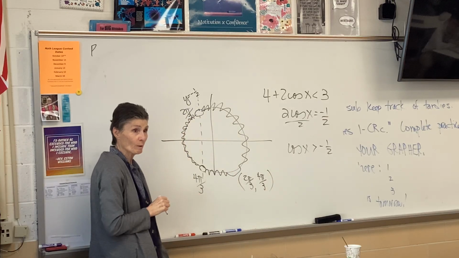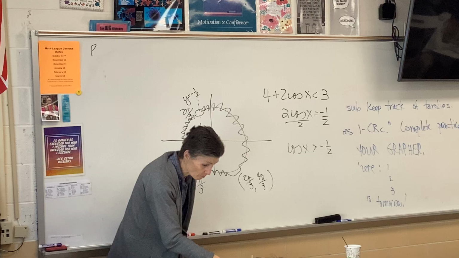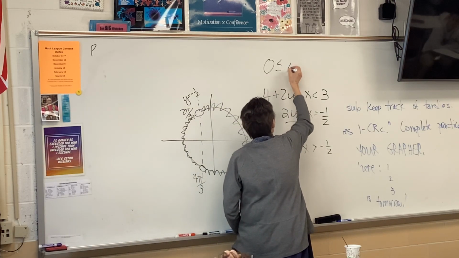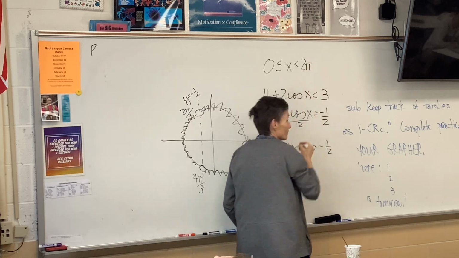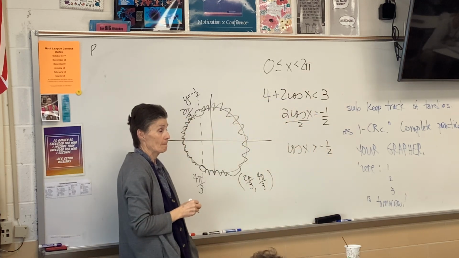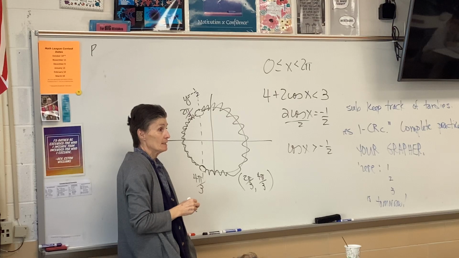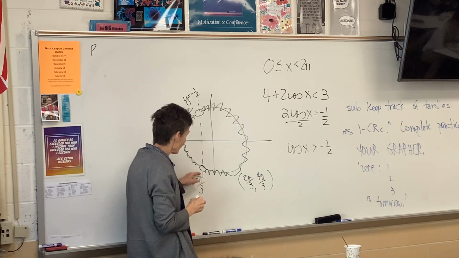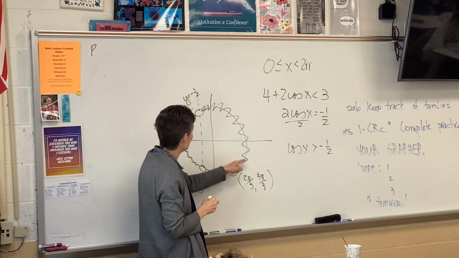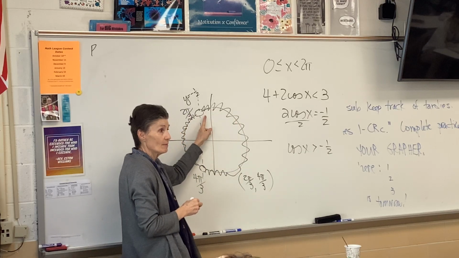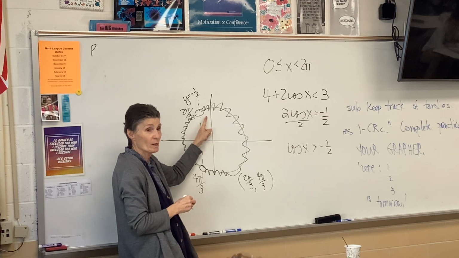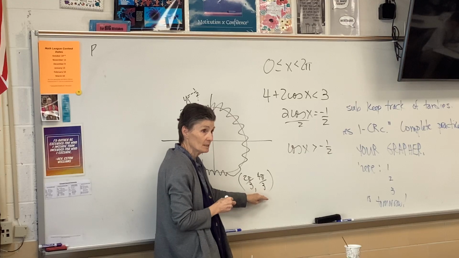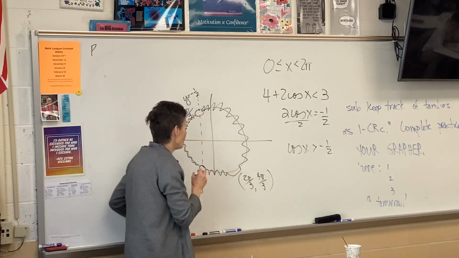Be careful when you write your answer, because the directions say you have to be between 0 and 2 pi. It does not make any sense to say 4 pi over 3 to 2 pi over 3. That does not make any sense, because when you do an interval, it has to be little number and then big number. So how would I write that?